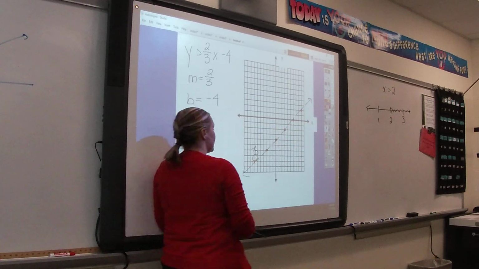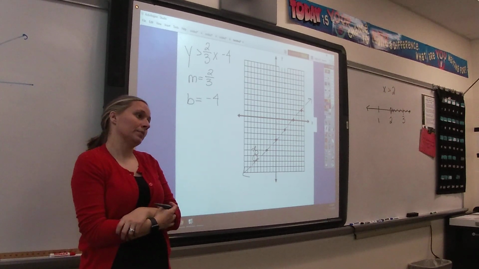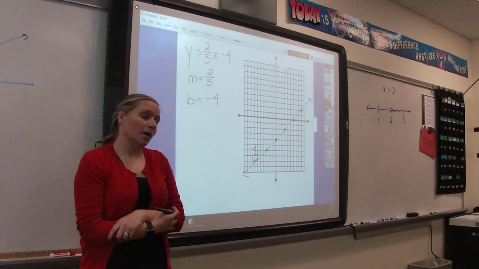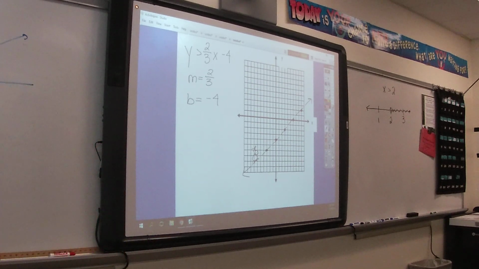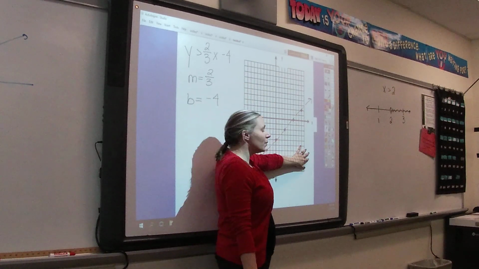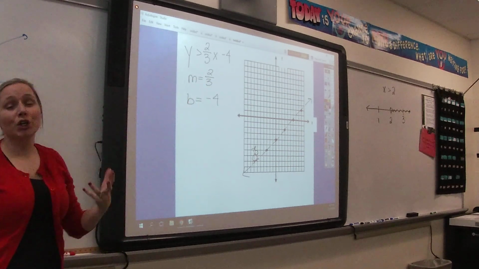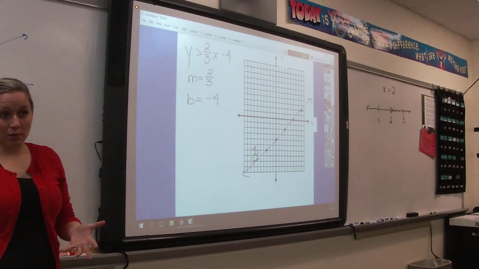So here's my bug, there's its antenna. Picture it walking uphill. Okay, the stuff above is the sky, the stuff below is the dirt. So we want above, and we want to start good habits with shading as well.